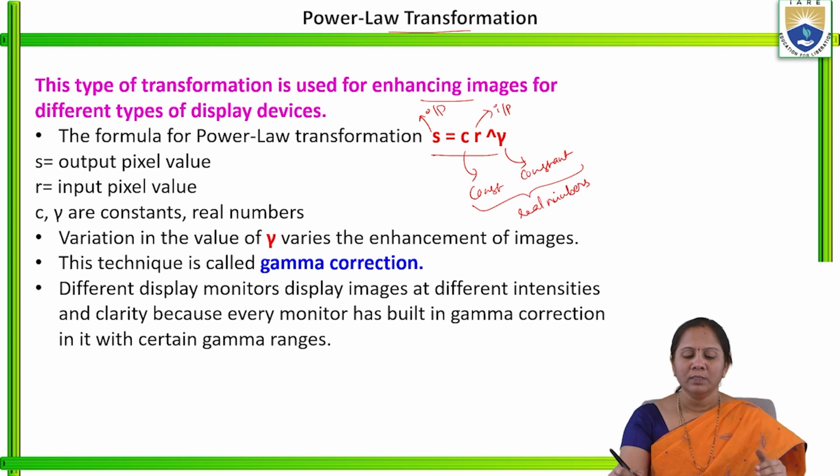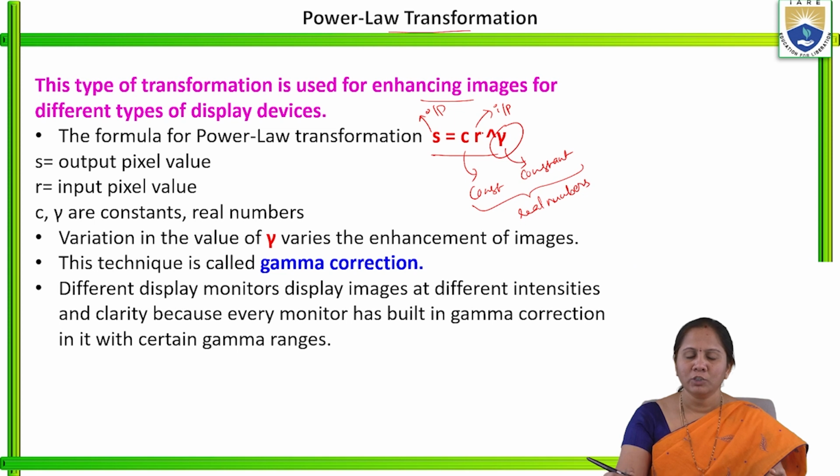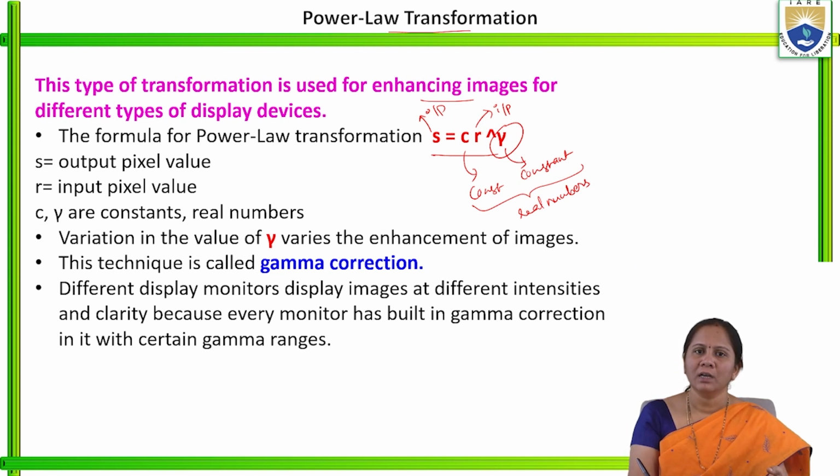The intensity of the display devices can be varied by changing the value of gamma. That's why this is also called gamma correction.